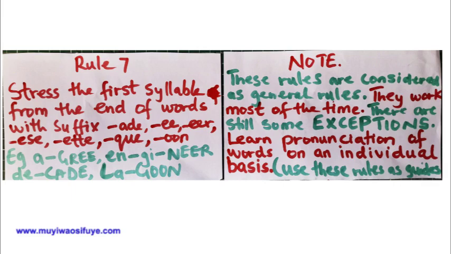The stressed syllable there is near. The next one is decade. And the other one we have is lagoon. So you can see that all the 4 words that are there have their stress on the first syllable from the end of the word.